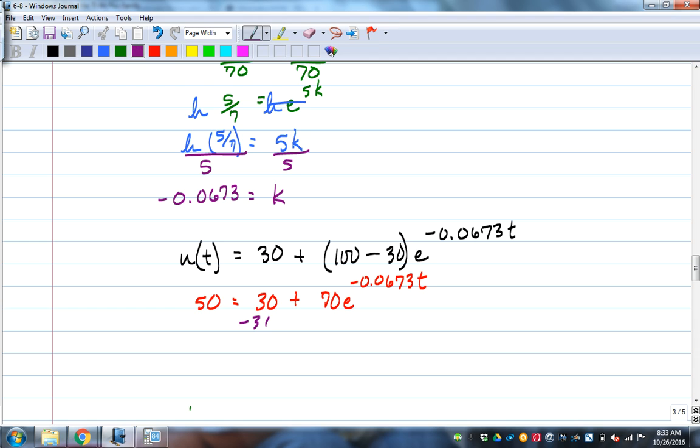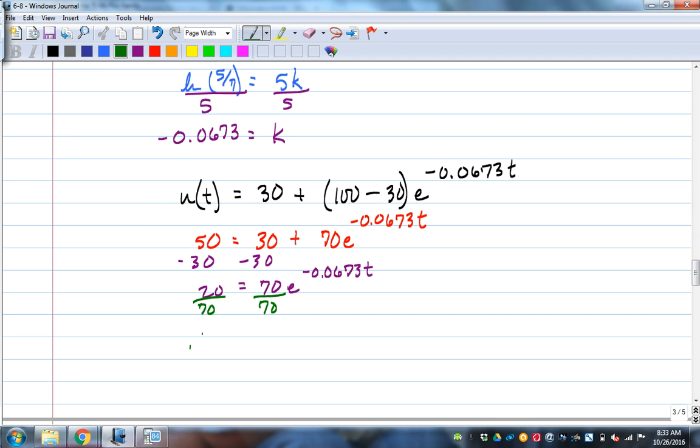Let's subtract 30, 20, 70, divide by 70. 2/7 e to the negative 0.673 t.